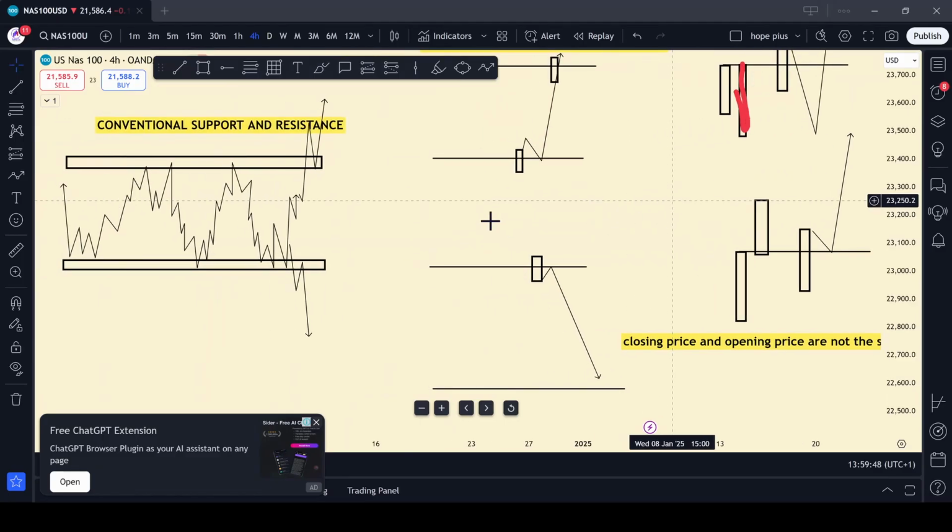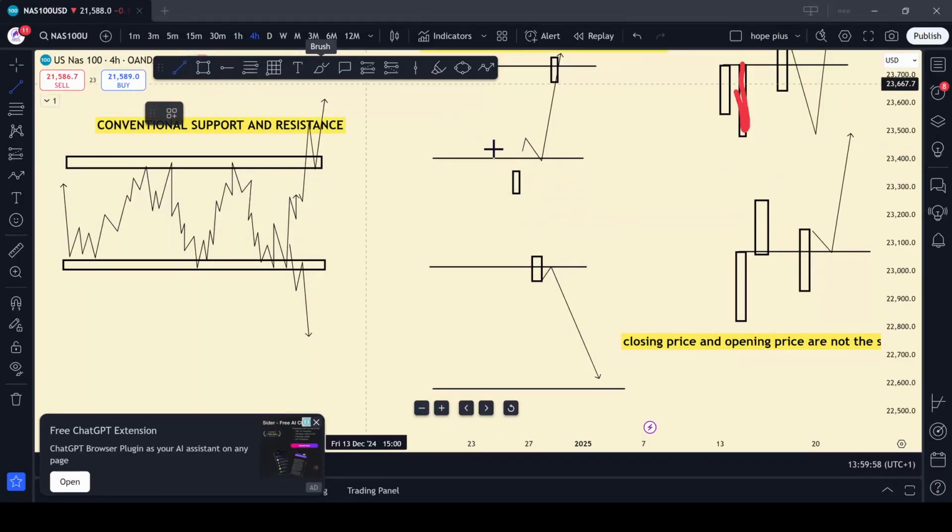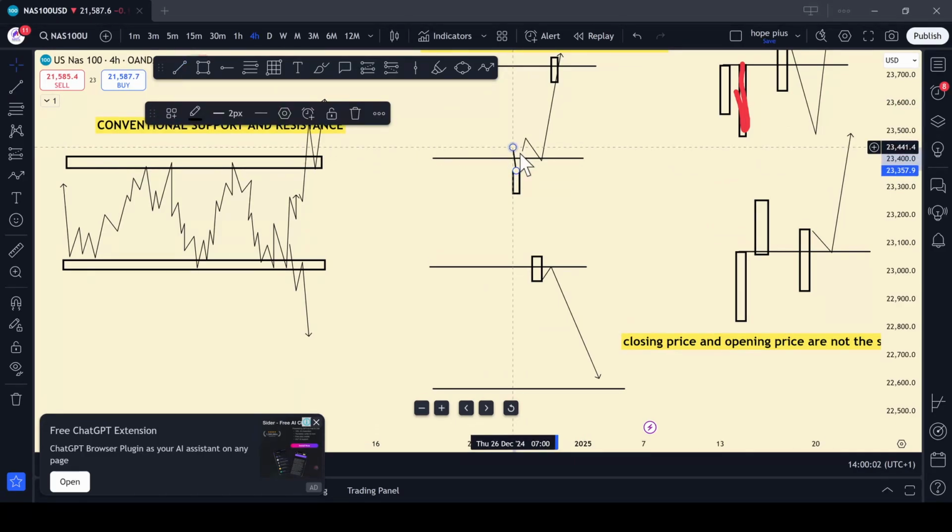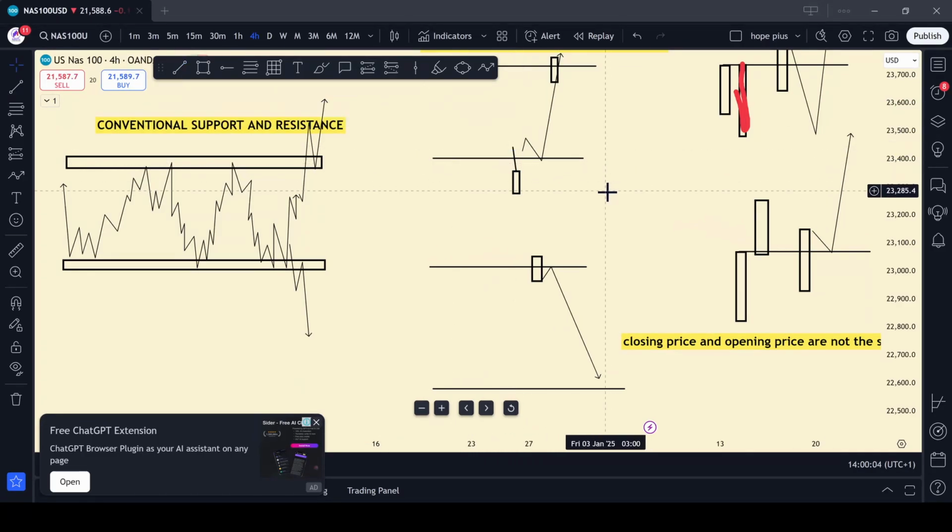Now, how do I know how to trade on this level? If the market comes in and rejects, by rejection, that simply means it is only the wick that is on that line and not the body. Once the body appears on the line, definitely it has broken it. Now it comes in and rejects on that line.